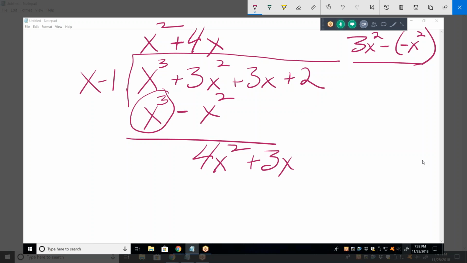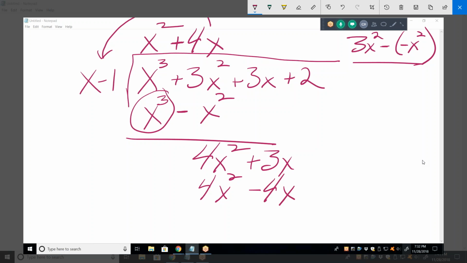X cubed? No, you're multiplying this by both terms. So that would be 4x squared. Always going to be the same as the term above it. And then minus 4x. I'm multiplying 4 times minus 1.